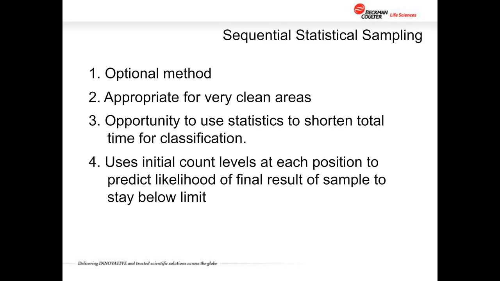And again, because this is a statistical method, it's using statistics to foreshorten the total time taken. And when you're in very, very clean areas, ISO 5 and cleaner in most cases, then the sample times can start becoming long because, again, we want statistical confidence that the values we've taken fall within our categories, and often that takes a certain amount of time to verify that.